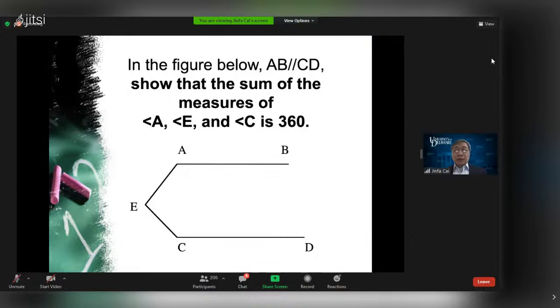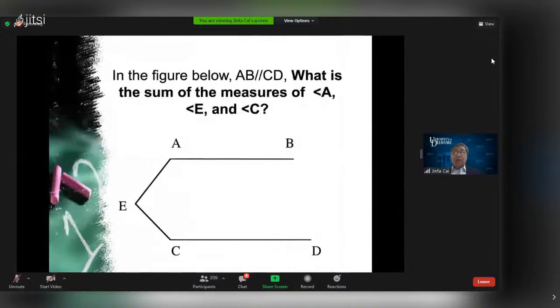Later on, when we talk about problem solving, we want to give students more space, more room to think. So maybe we could change the problem a little bit. The problem could be changed into this. In the figure below, AB is parallel to CD. What is the sum of the measure of angle A, angle E, and angle C?